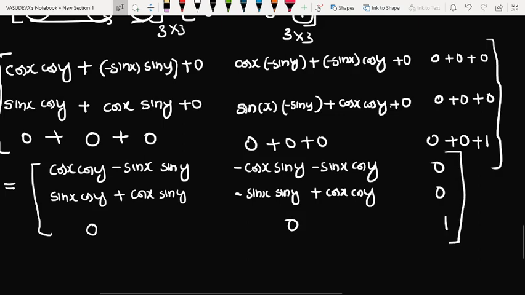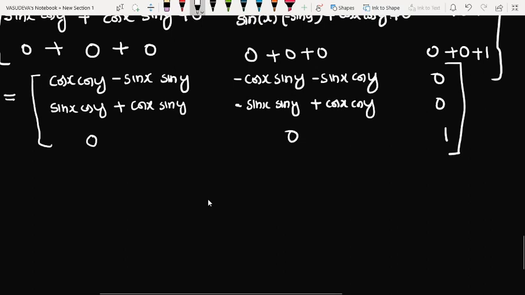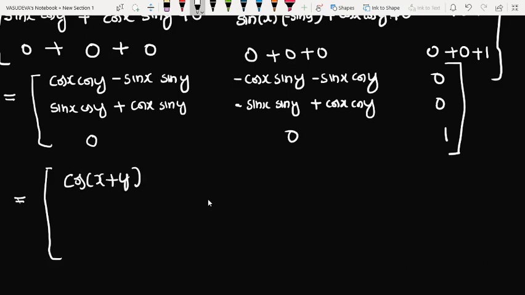So ultimately this is equal to, now cos x into cos y minus sin x into sin y, we have the formula in trigonometry, is absolutely the compound angle formula, so that is equal to cos of x plus y, that we have learned in first PUC.